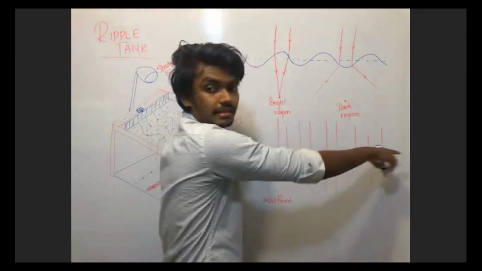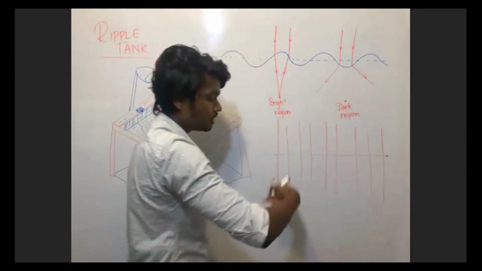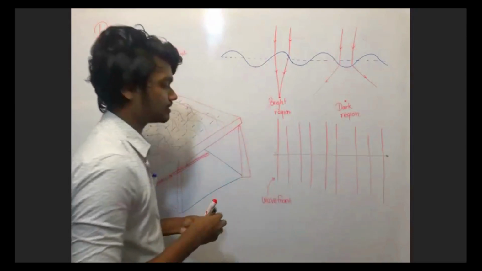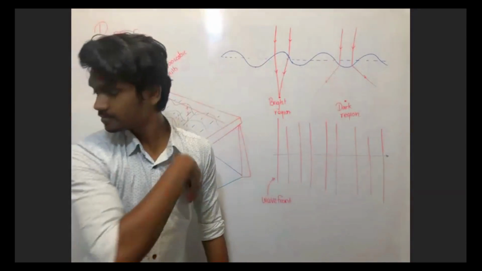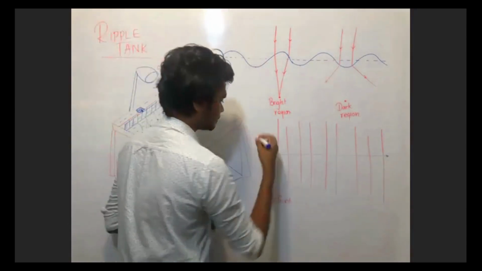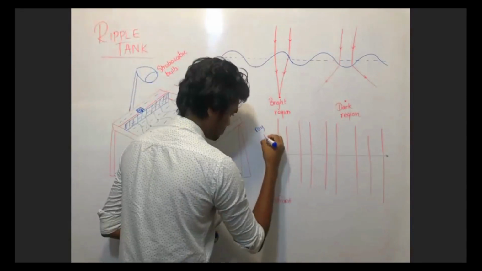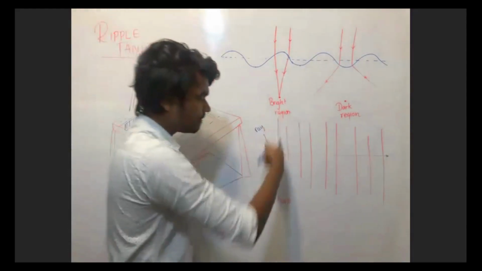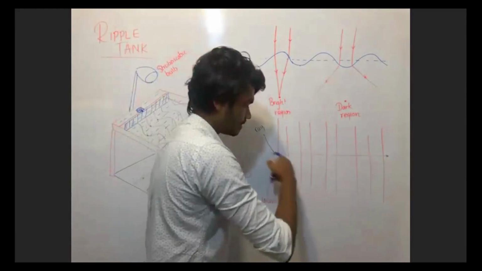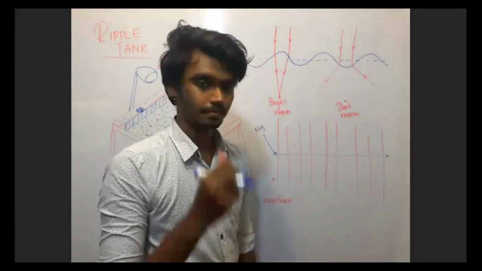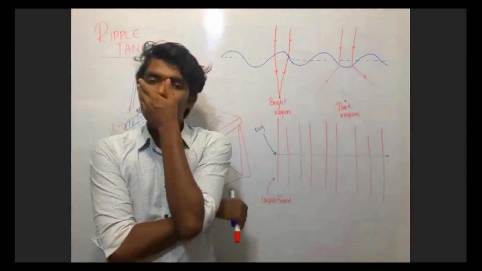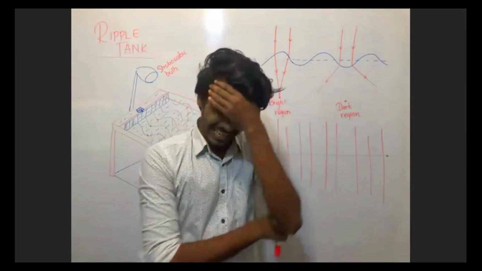The line that passes perpendicular to the wave front is called the what? Ray. So these are wave fronts, and these are rays.